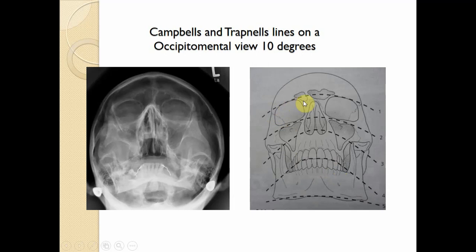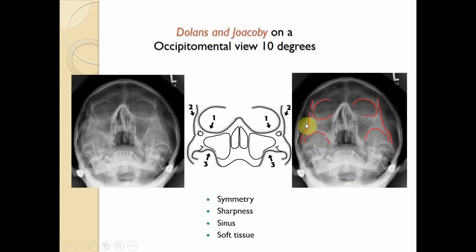Then only we can identify where the fracture line is. If a fracture line is seen on the second line, that means there is a fracture of the zygomatic arch, infraorbital rim and nasal cavity. So we can see in this radiograph where the fracture line is.